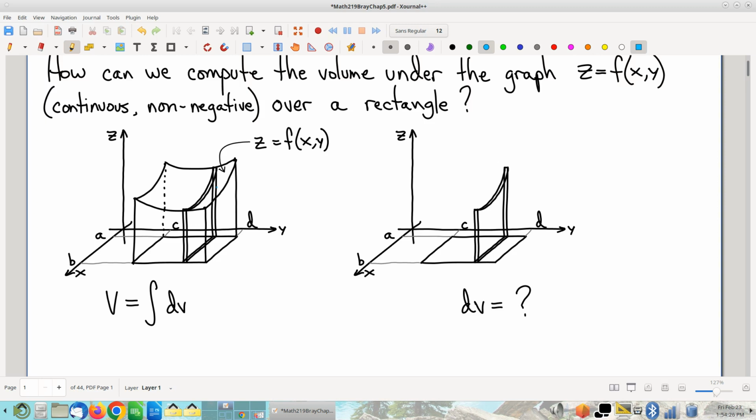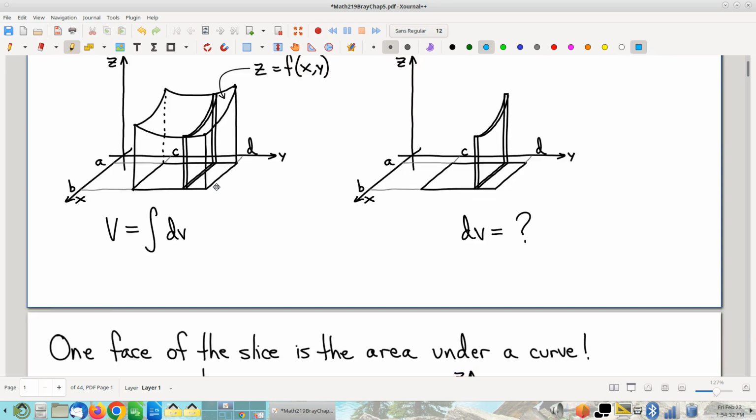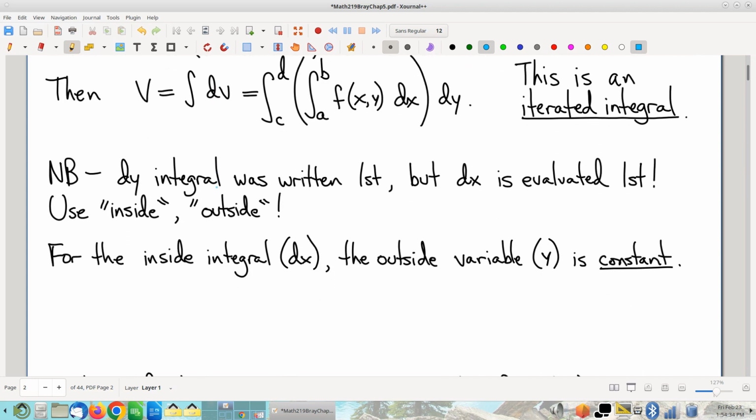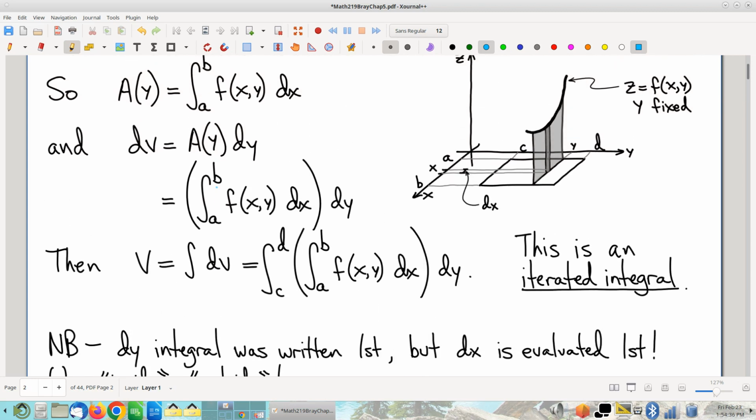That too could be computed with the exact same single variable integral.